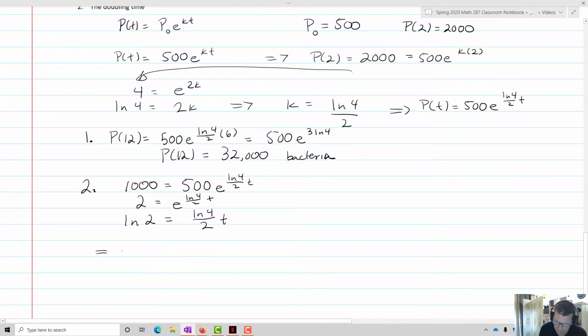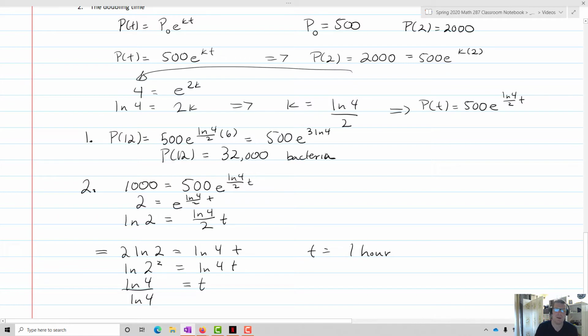So then this gives me 2 ln 2 equals (ln 4)t. And in fact, you can see that this is ln 4, because ln 2 squared is going to equal (ln 4)t. And so consequently, t is going to end up equaling the natural log of 4 over the natural log of 4, and so t equals 1 hour. So our doubling time here is going to end up being 1 hour.